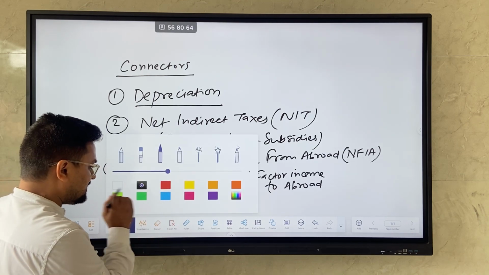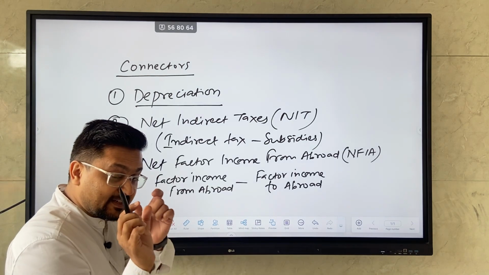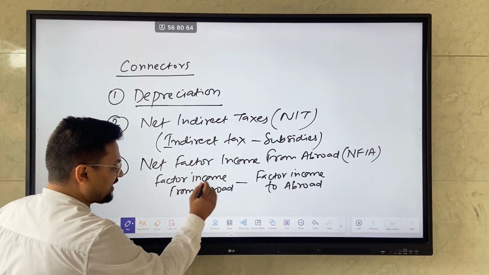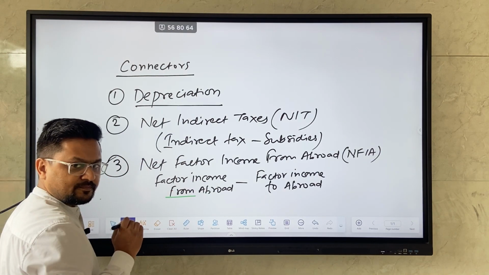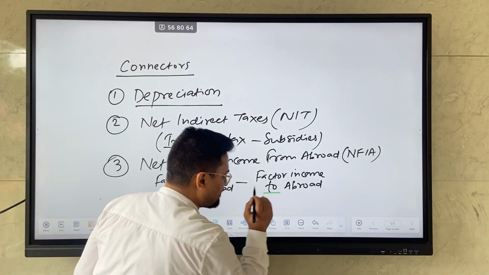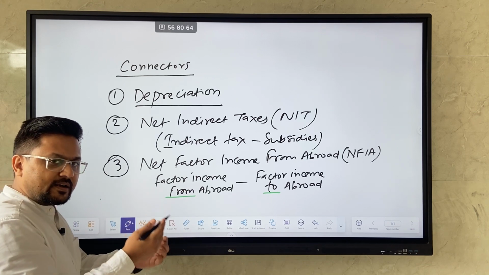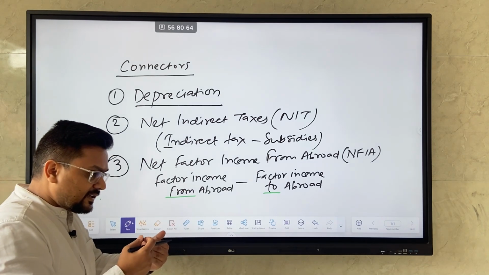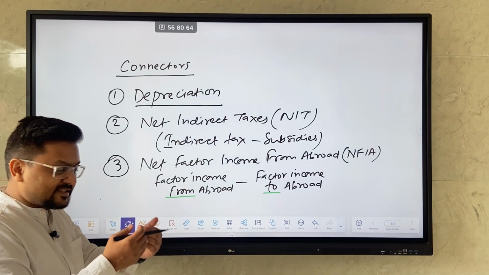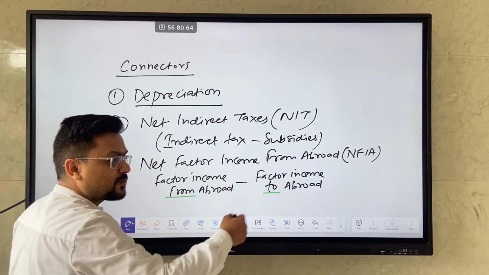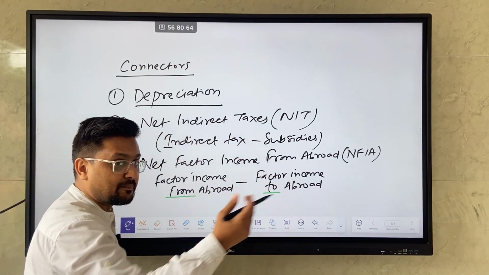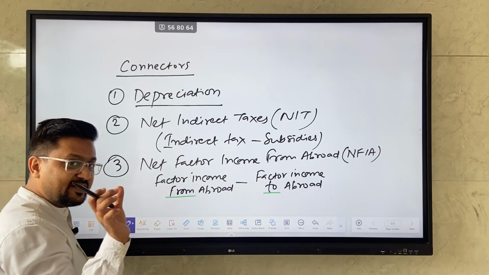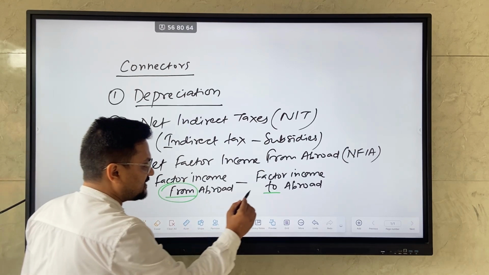So importantly, you have to again see the keyword out here. It's factor income from abroad, factor income to abroad. From is what the domestic country receives, okay, the residents receive, and to is what the domestic country is paying abroad. So the main difference is from and to.